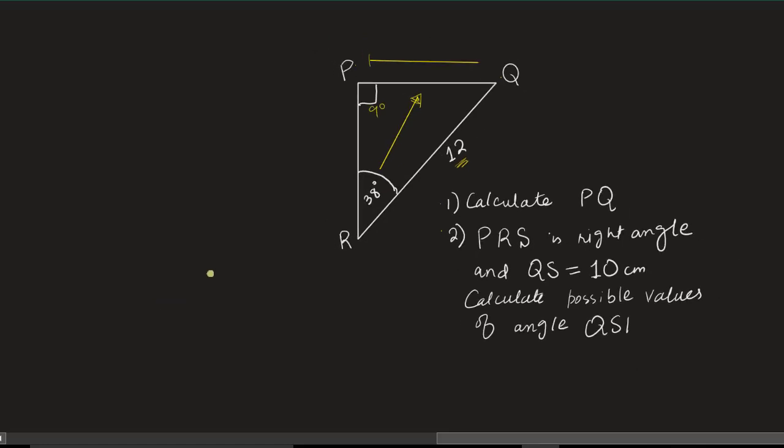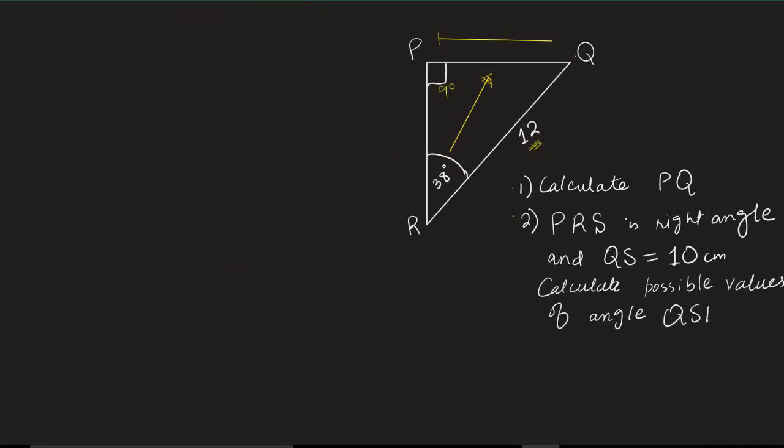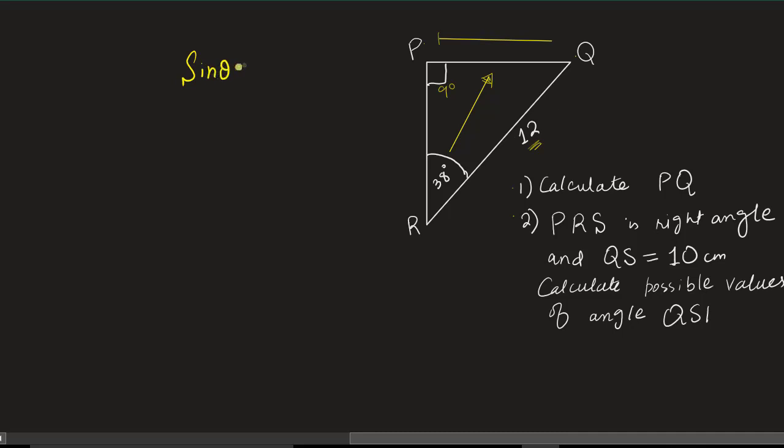To use the sine formula, sine theta is equal to opposite side divided by hypotenuse. Sine 38. Again, we'll make another separate video for sine, cos and tangents, but here just simply use the calculator.